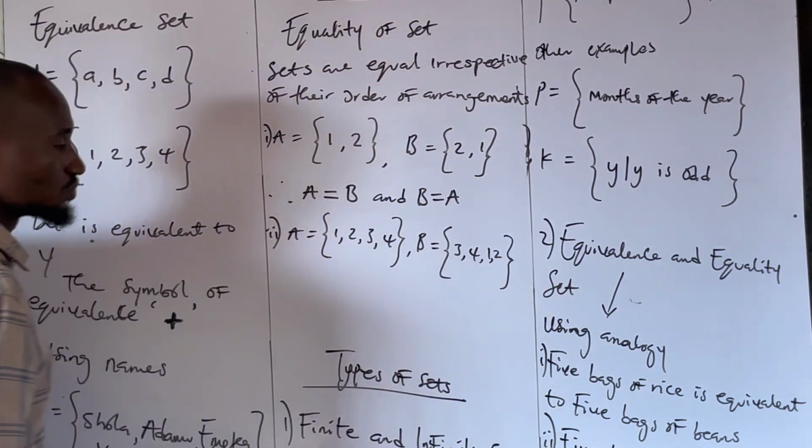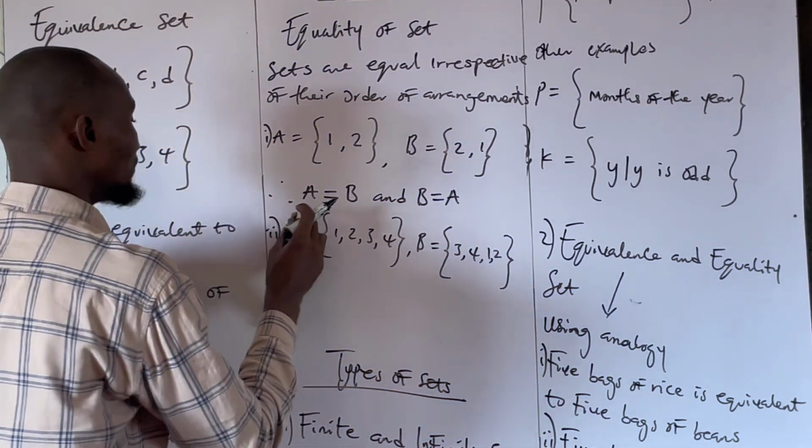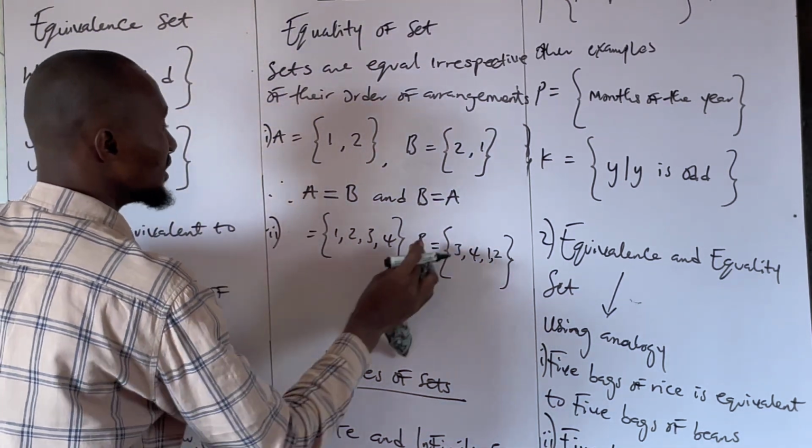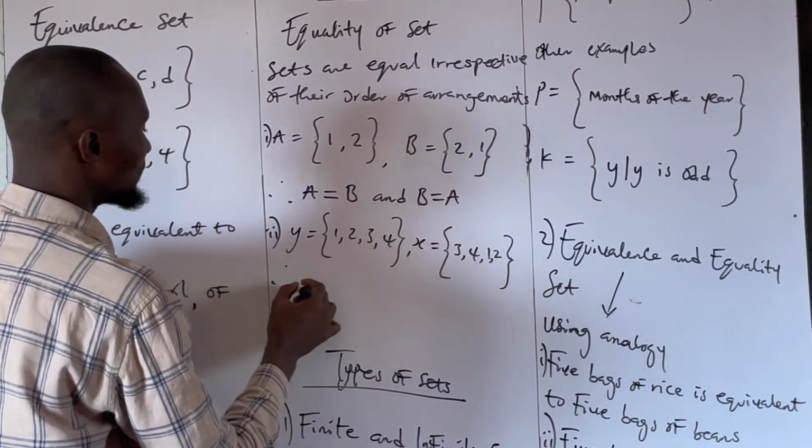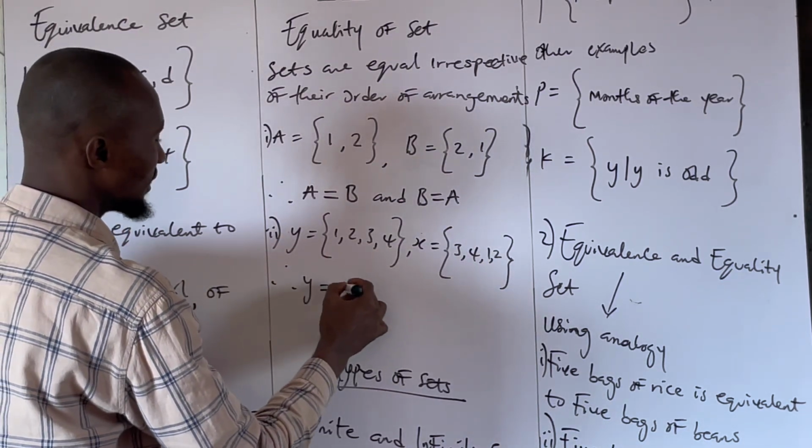Okay, since I've used A there, let me use a different letter. Let me use Y and X. Therefore, Y is equal to X.